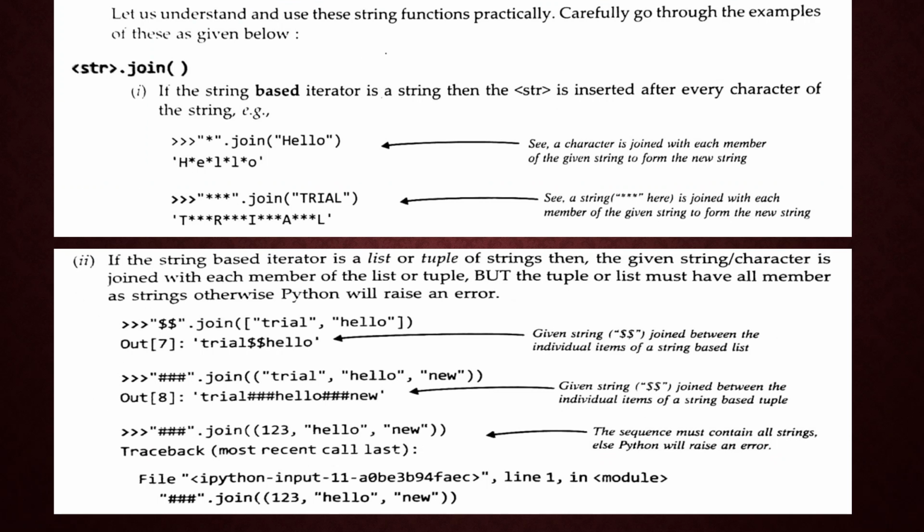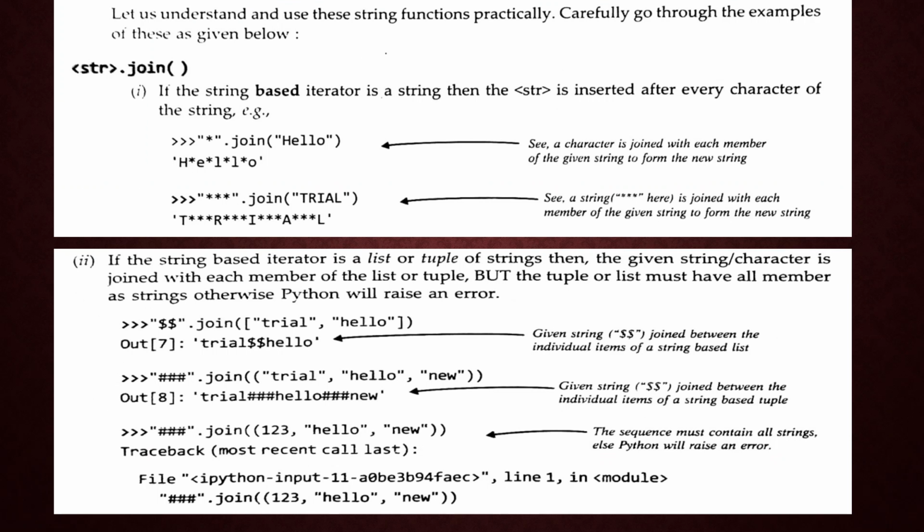See here, the join command is used to insert star after each and every character of the string: H, E, L, L, O. So between H and E, star is there; E and L, star is there; L and L, star is there; L and O, star is there, like this.